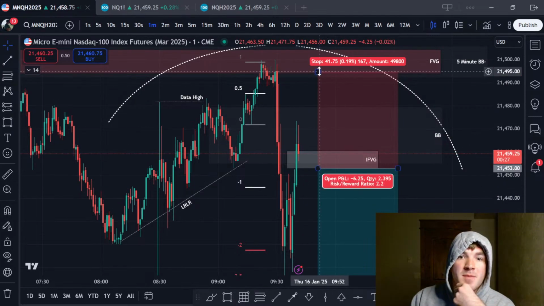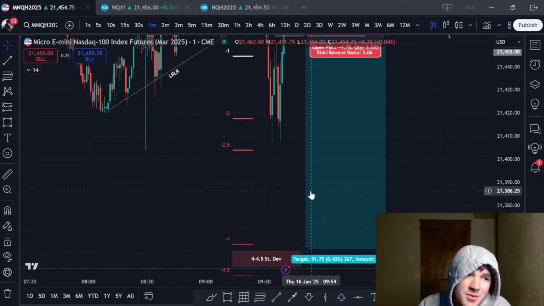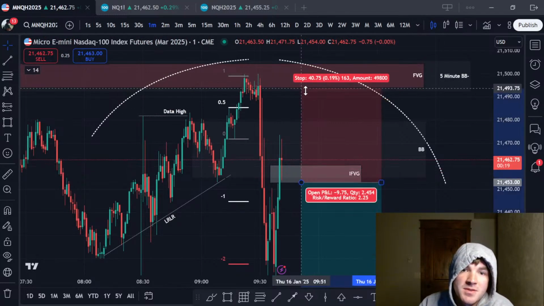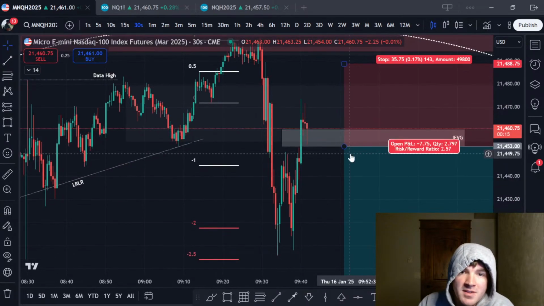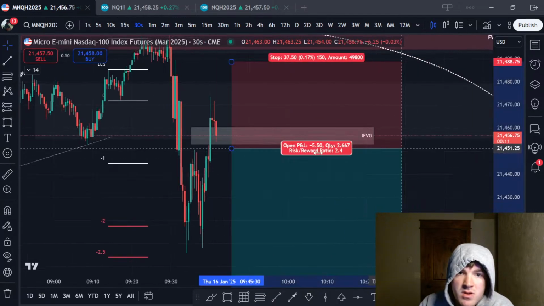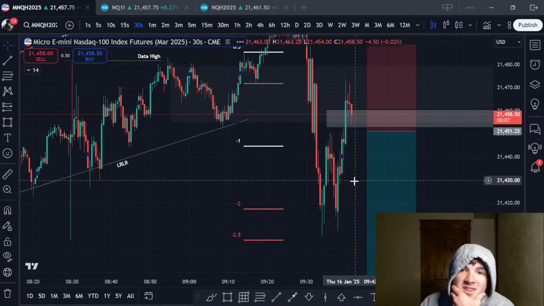I might just have a bigger stop loss just because it's a higher time frame trade. Typically you'd have your stop loss here anyway. Well, we may have to take it on the 30-second, but it's kind of scary.